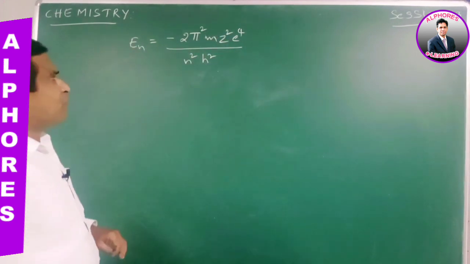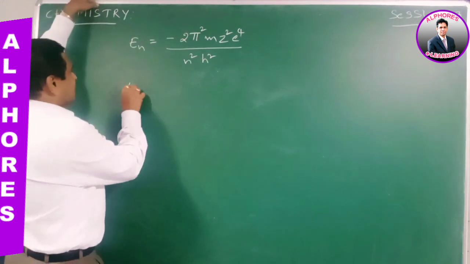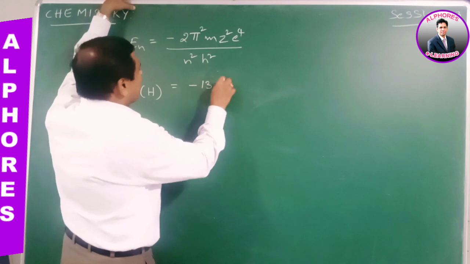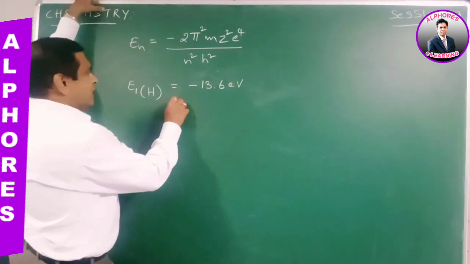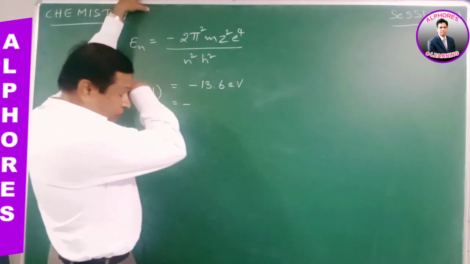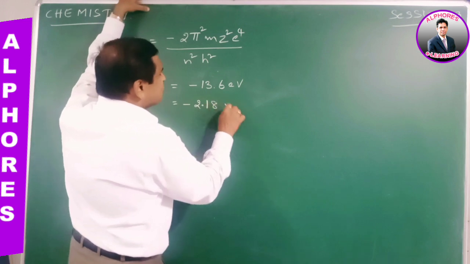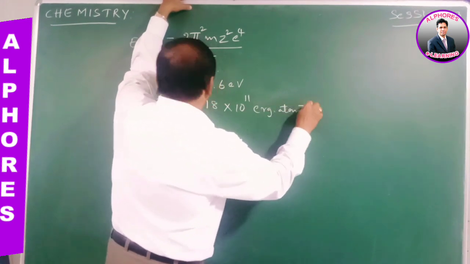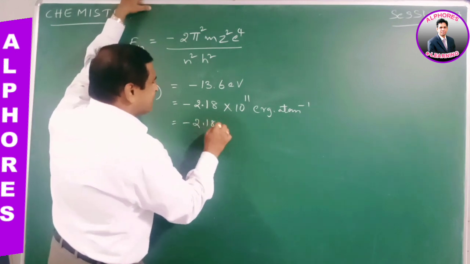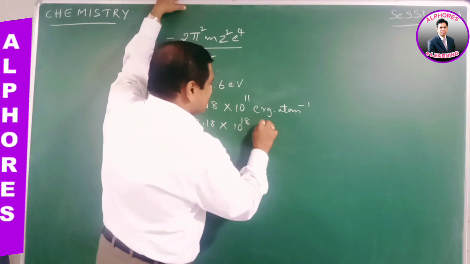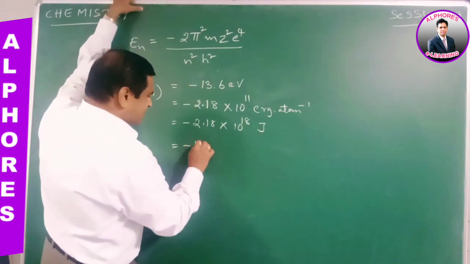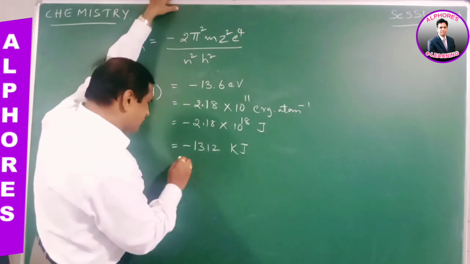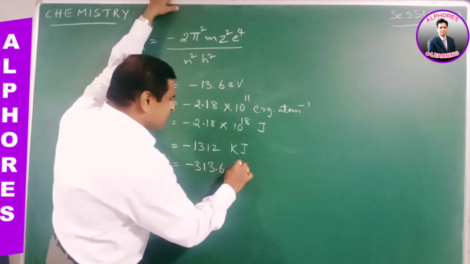Substituting the values of all the constants, the energy of the electron in the first orbit of hydrogen atom is calculated as minus 13.6 electron volts, or minus 2.18 into 10 to the power minus 11 ergs per atom, or minus 2.18 into 10 to the power minus 18 joules, or minus 1312 kilojoules, or minus 313.6 kilocalories.